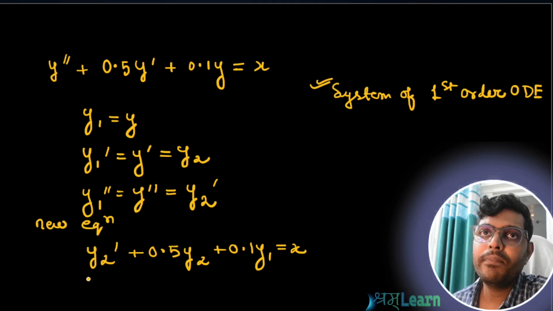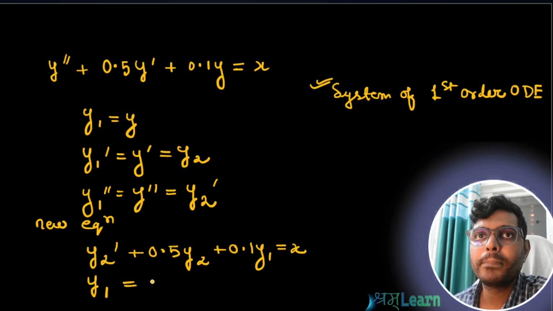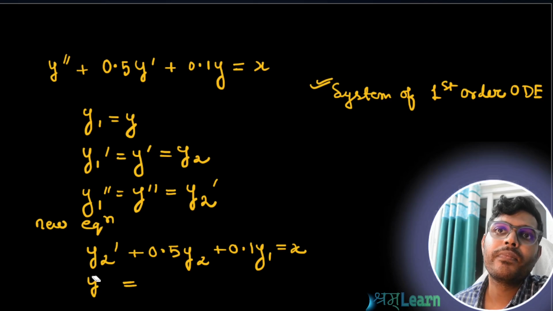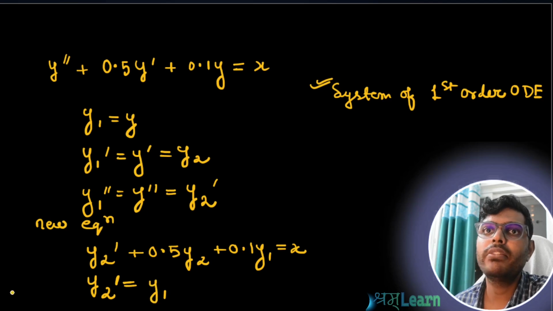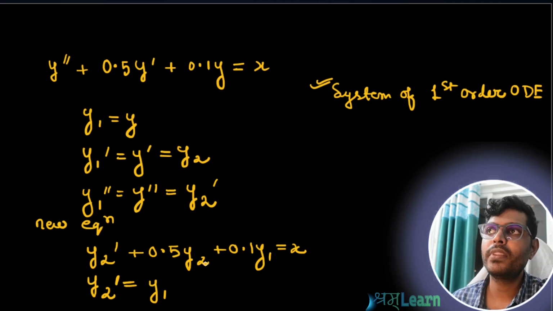And can I say y1 is equal to, or can I say y2 dash equals y1? So these are the things that I can see clearly, okay.